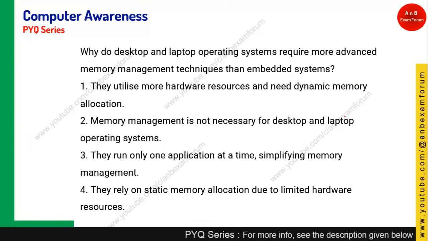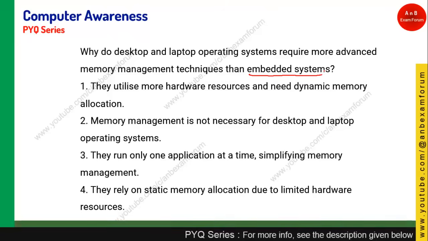Coming to the next question, why do desktop and laptop operating systems require more advanced memory management techniques than embedded systems? The difference between embedded systems and desktops and laptops is generally the size. Embedded systems are specific purpose systems designed to do a dedicated function.